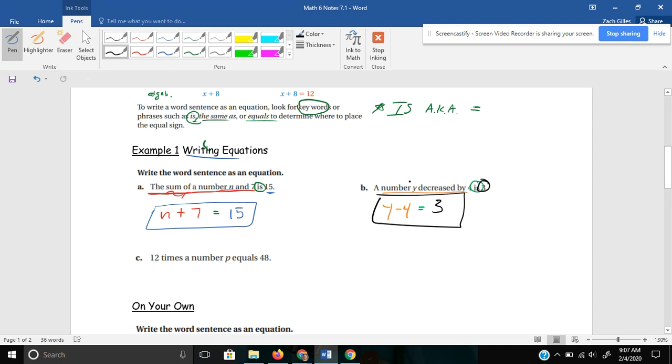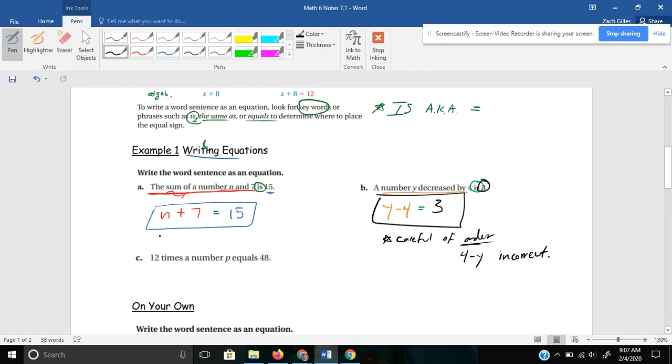And one thing to note there is that with subtraction, be careful of how you order. If you put 4 minus y, that is incorrect, because order matters when you're subtracting and dividing.